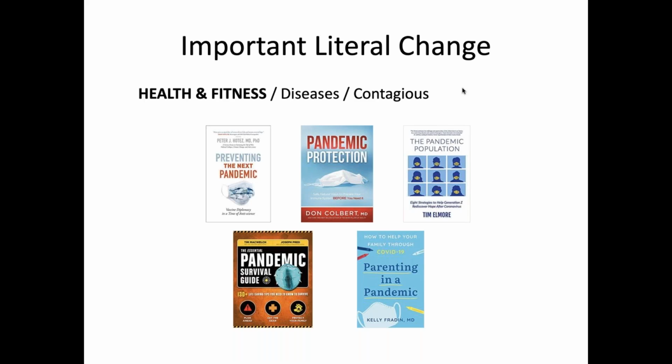So we just made a tiny literal change to this heading to say includes pandemics. So now if you're trying to classify your own books on pandemics, this is the heading that you would use. And now if you searched for pandemics in the list, you would get this heading.